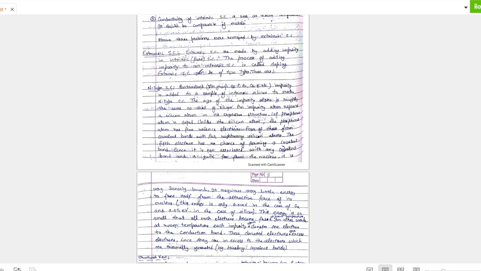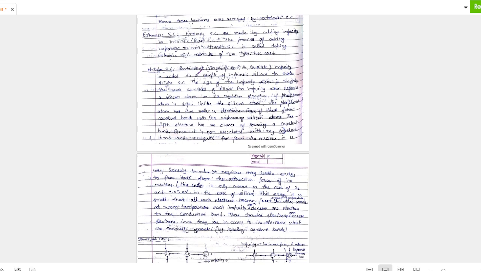Extrinsic semiconductors are made by adding impurity to an intrinsic semiconductor. That means we add some impurity to a pure semiconductor and it becomes impure. This process is called doping. Adding impurity in a controlled amount is doping. It does not mean we add too much. We just add a small amount of impurity atoms to the semiconductor, and the atom can be of a group 3 element or a group 5 element.